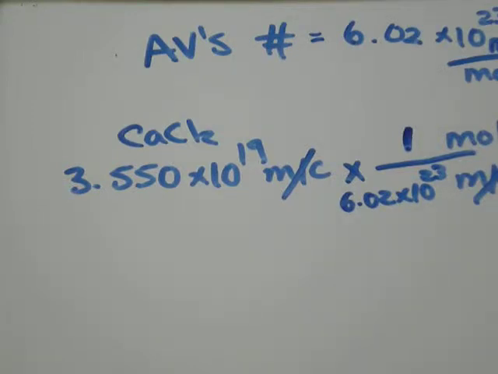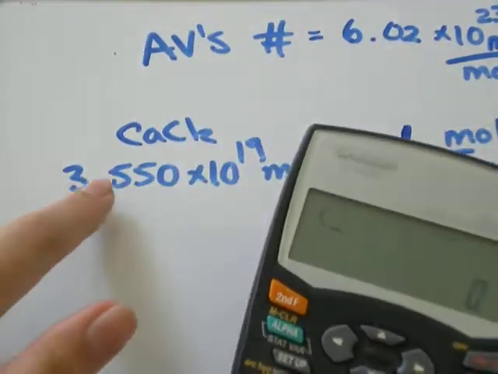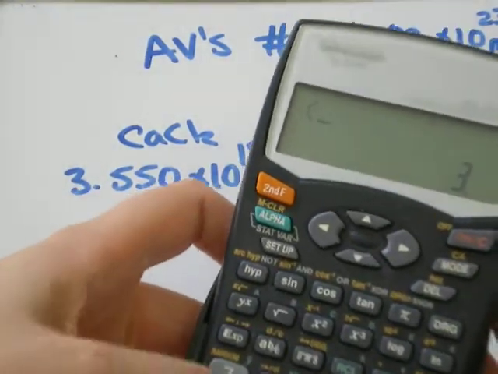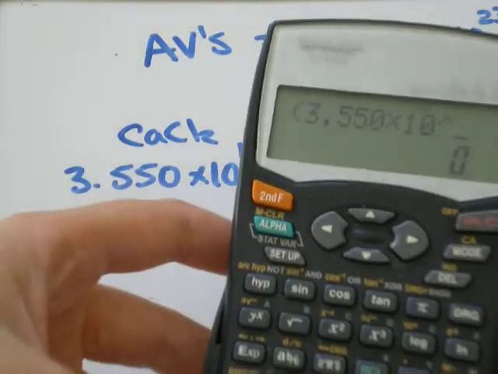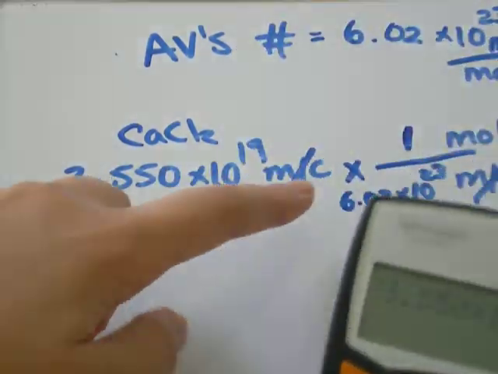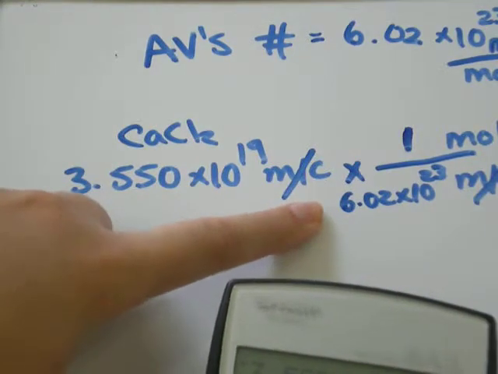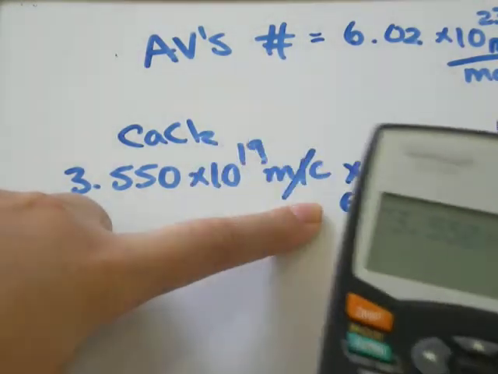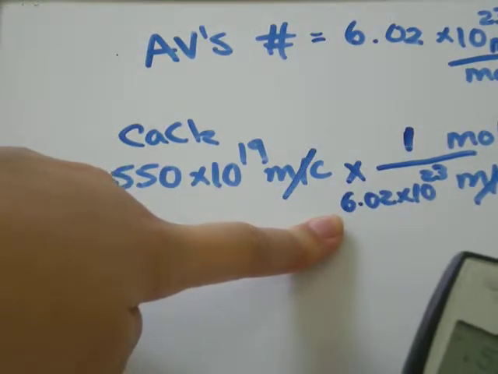So to do that in your calculator, to avoid making a mistake, I would suggest you use some brackets. So I'm going to go open bracket 3.550 times 10 to the exponent of 19, close bracket, times 1 over 6.02 times 10 to the power 23, which is the same as divide by 6.02 times 10 to the power of 23.